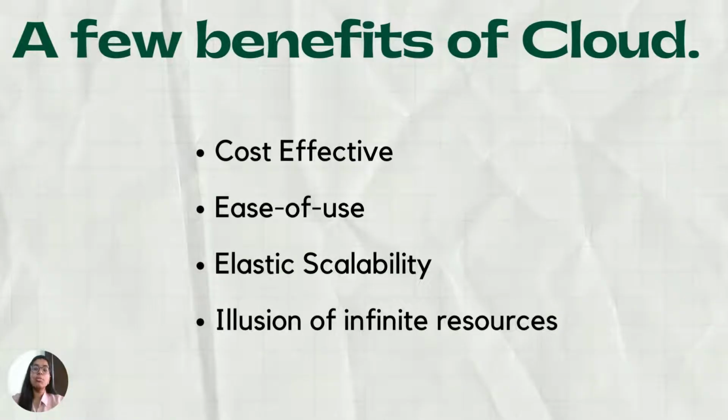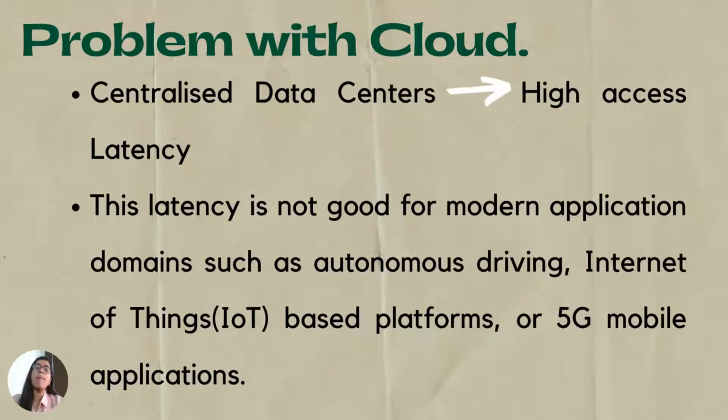As we all know, most of today's applications are deployed on top of cloud services, providing cost benefits, ease of use, elastic scalability, and illusion of infinite resources. While cloud services come with these obvious benefits, they also have a major disadvantage.